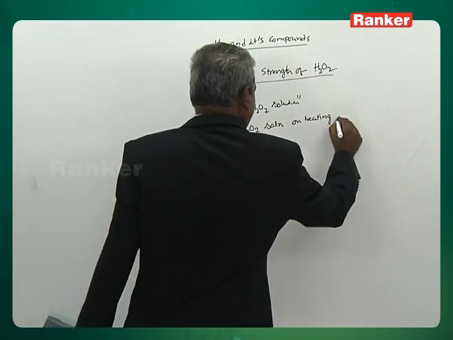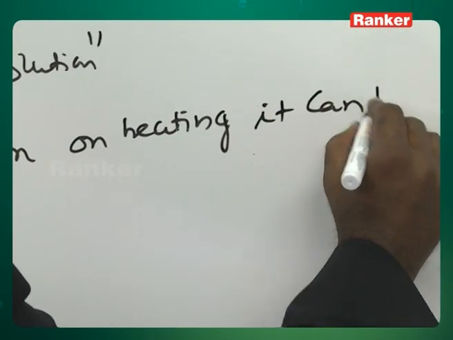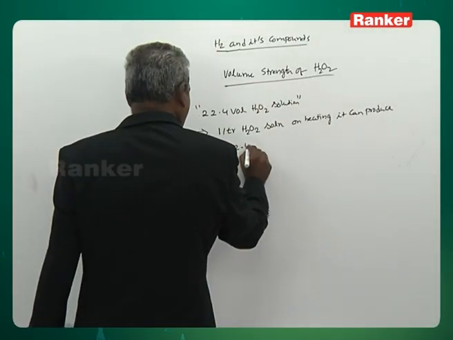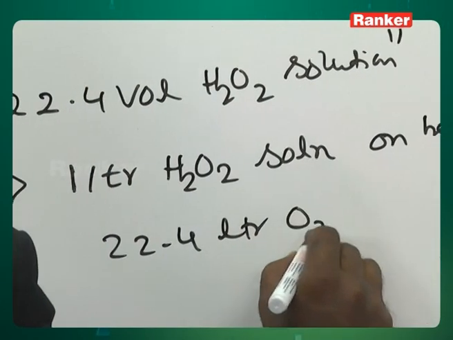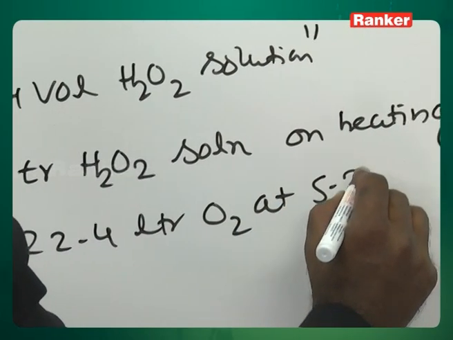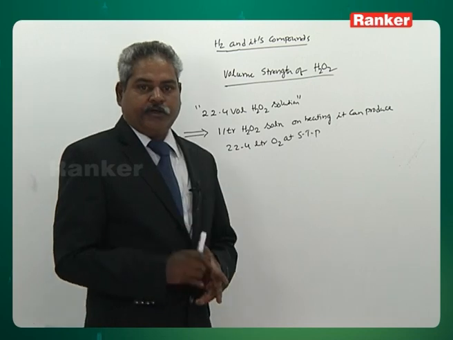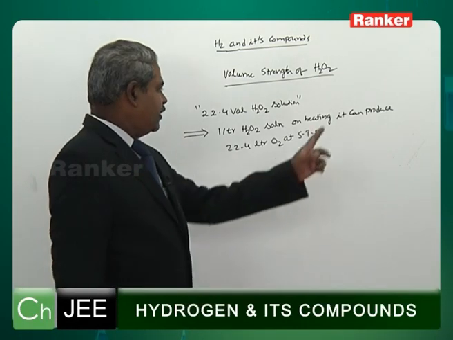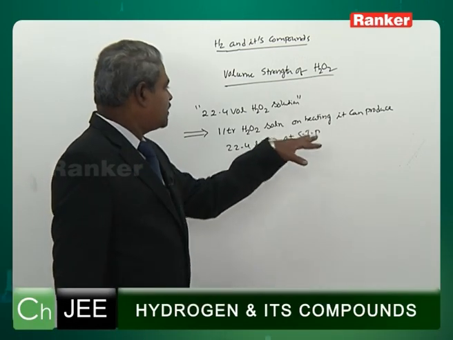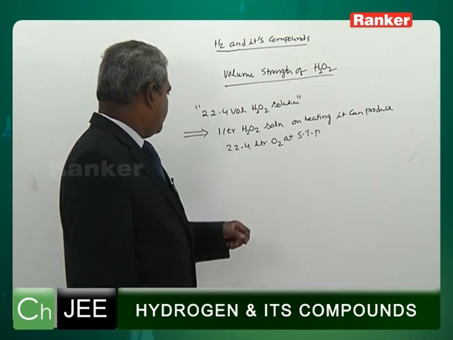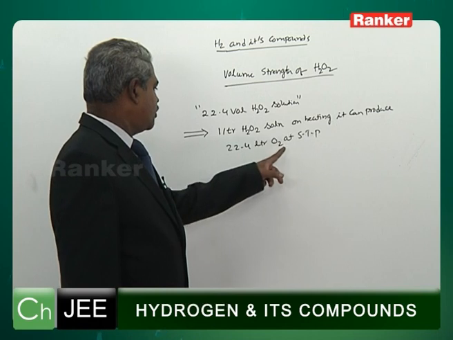On heating, it can produce 22.4 liter oxygen at STP. This is the meaning of that. What do you mean by 22.4 volume? You take 1 liter, you heat it, you get 22.4 liter oxygen at STP. So, when I say 10 volume, what does it mean? 1 liter gives 10 liters of oxygen at STP.